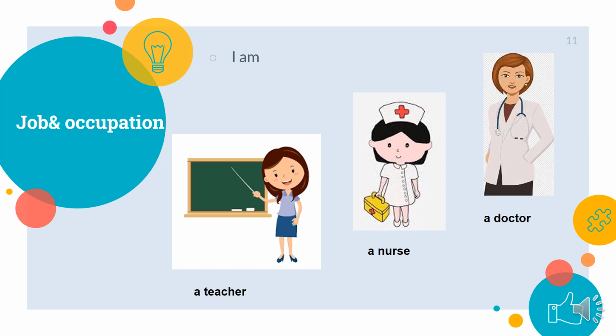In parentheses, we use doctor, nurse, teacher for man and woman. No distinction, okay? We don't use gender differences between men and women when we talk about professions in English.